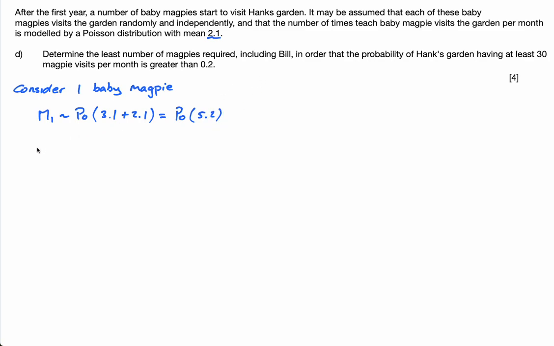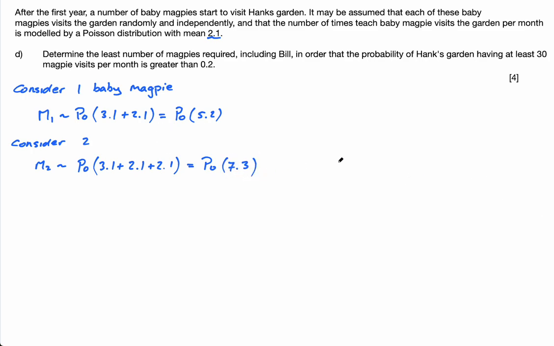Okay. What about two baby magpies? Consider two. Let's say M2. So M2 would be a Poisson distribution of 3.1 plus 2.1 plus 2.1, which would be a Poisson distribution of 7.3.